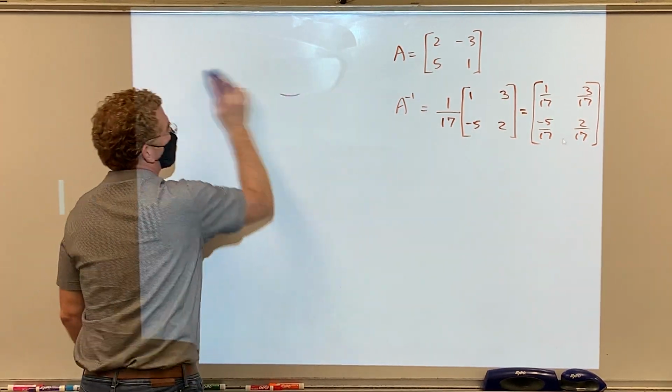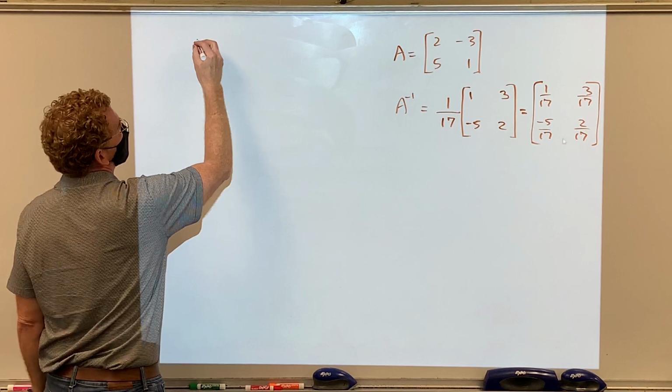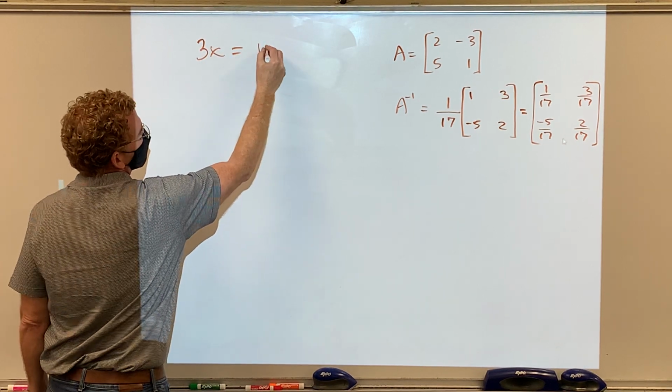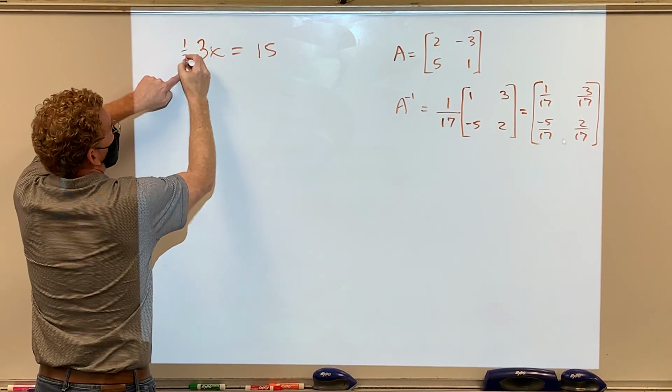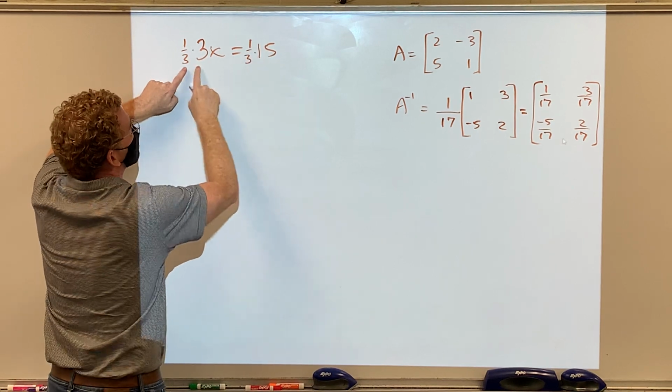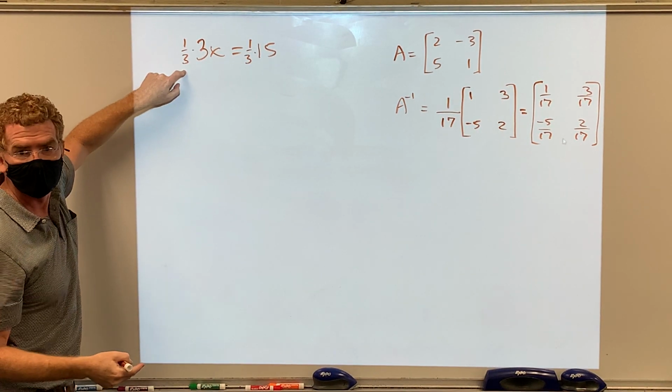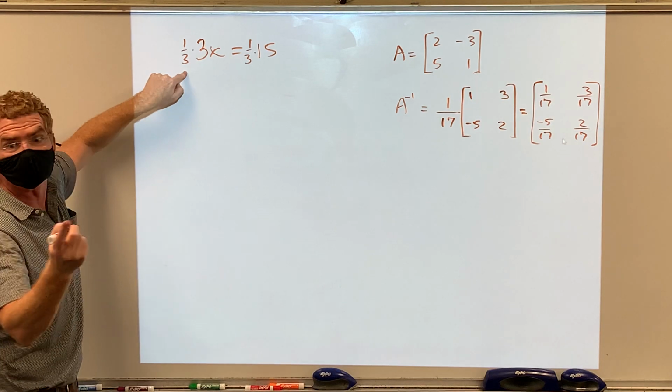So just like if you had an equation like 3x equals 15, and you would multiply by the multiplicative inverse, the reciprocal. I know you would divide, but pretend there was no division.